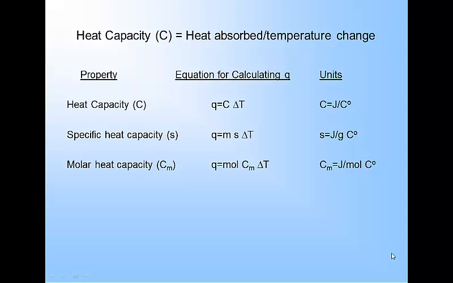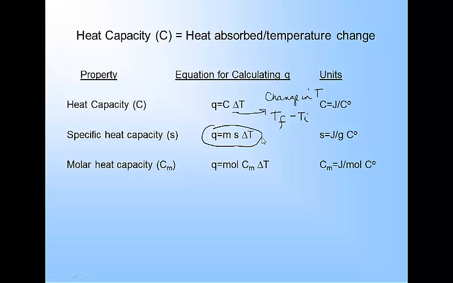A couple of things to remember. Please remember that this little doodad right here means change in temperature. That's final minus initial. Q is, of course, heat, and you've had this one first year chemistry.